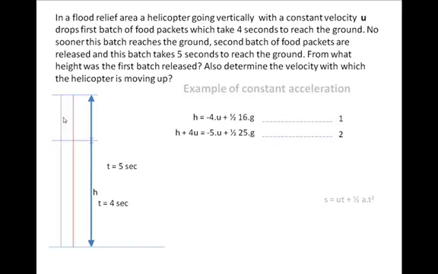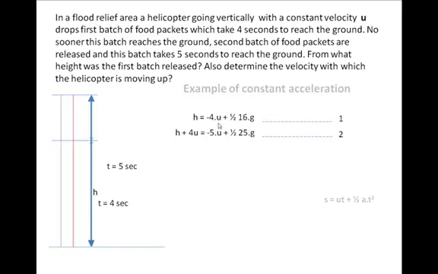The height achieved is h plus 4u, because in these 4 seconds the helicopter has gone up by a distance of 4 into u, velocity into time. So total height is h plus 4u, and that will be equal to, again using this equation, ut plus half at square, where t is 5 now, so t square is 25, and with these two we will be able to solve for h and u.